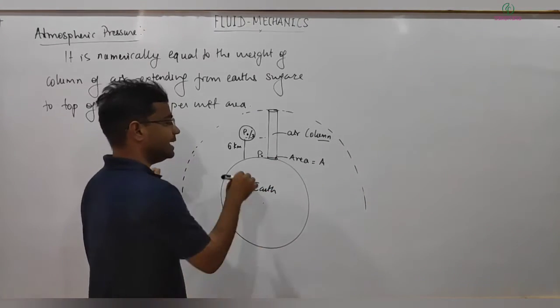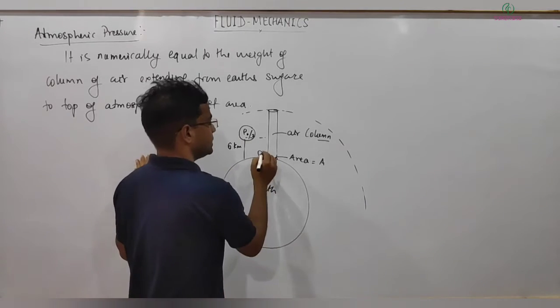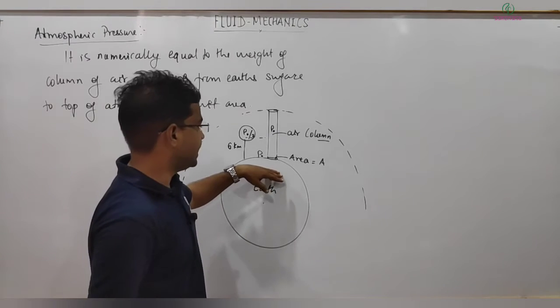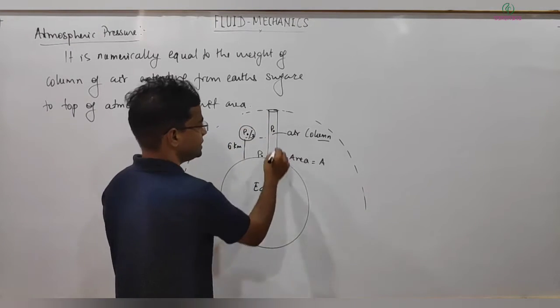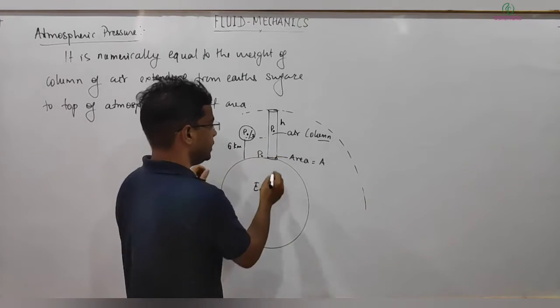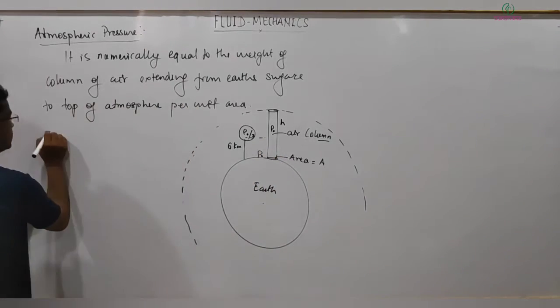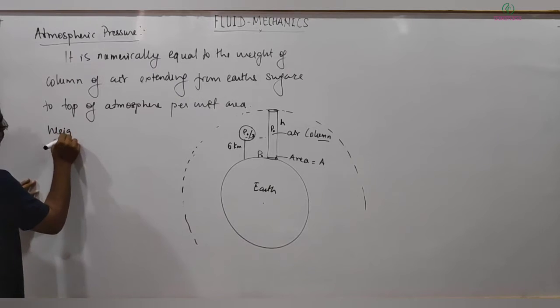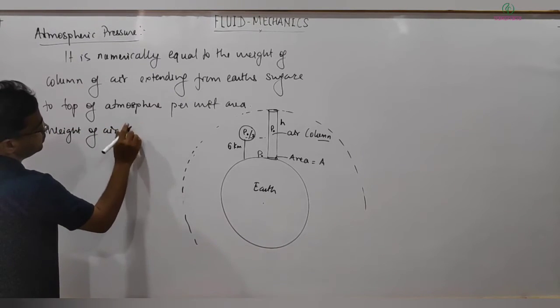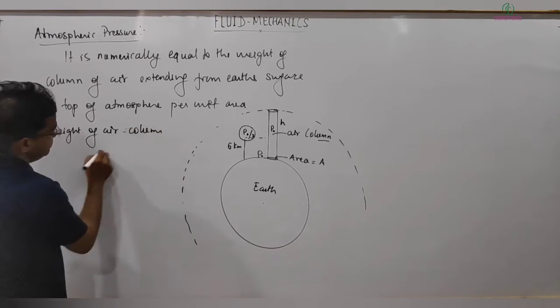But still, just for calculation purposes, I can say the density of this atmospheric air is constant, rho naught, and let's say its height is h, and the area of cross section is A. Then I can write the weight of the air column. That will be equal to what?